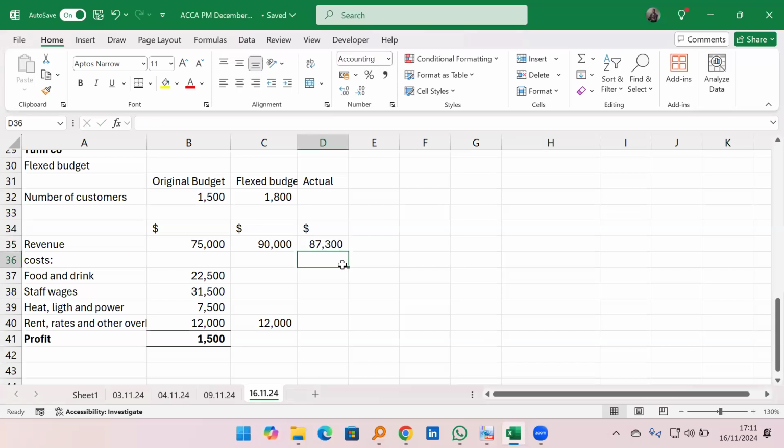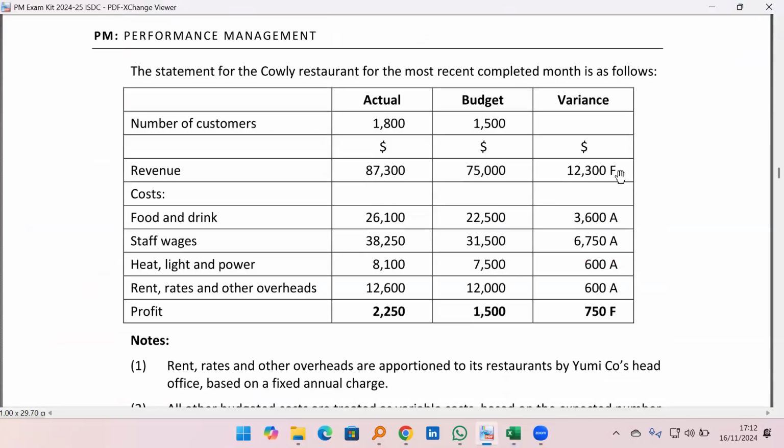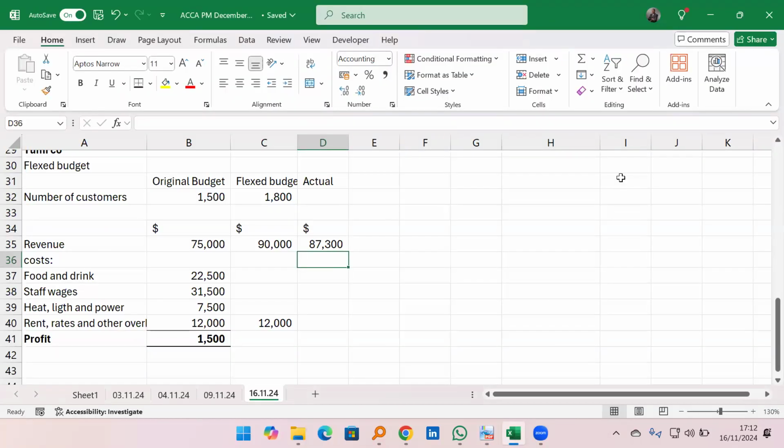And here now you can say that this person performed poorly, because before, they had said that this person performed actually better. You see, because they were comparing 1,500 people to 1,800 people. So that's the reason why we are flexing the budget.